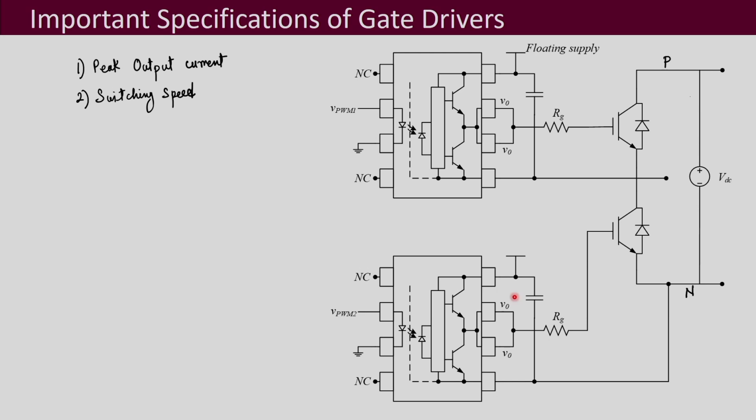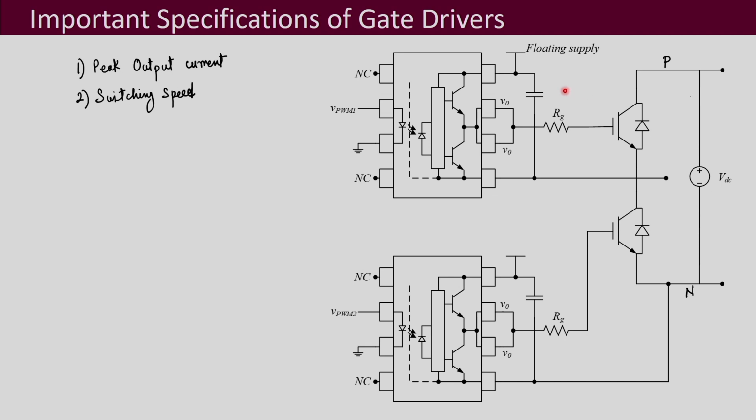Now peak output current, last lecture we saw how to calculate the peak output current requirement for turning on or turning off these IGBTs and MOSFETs. So your gate driver, whatever you choose, should be able to supply the peak output current. So the peak output current that this driver should be able to supply should be greater than what you obtain here as your Vg by Rg.